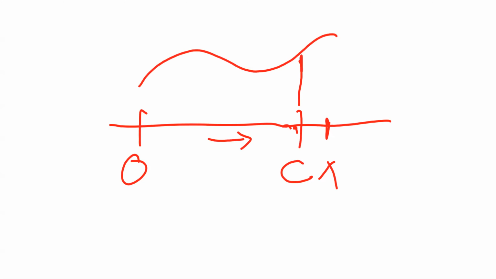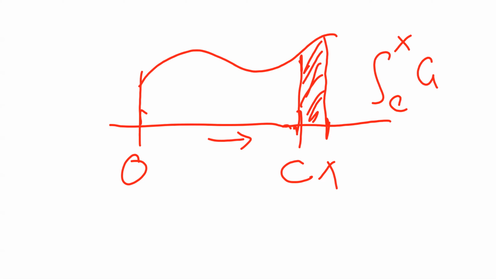And what is the difference G of x minus G of c? G of x is the integral from 0 to x, and G of c is the integral from 0 to c. So the difference is the integral from c to x of f of t dt. I hope this is clear. So this is the difference only.